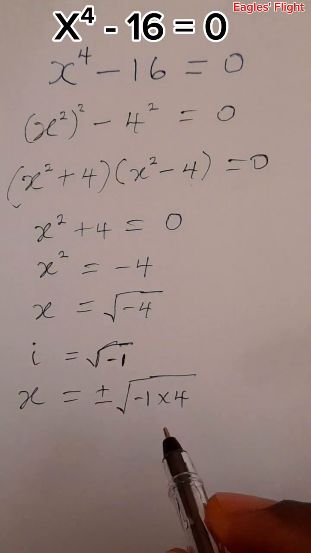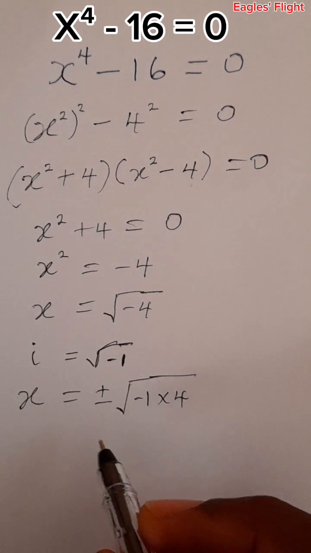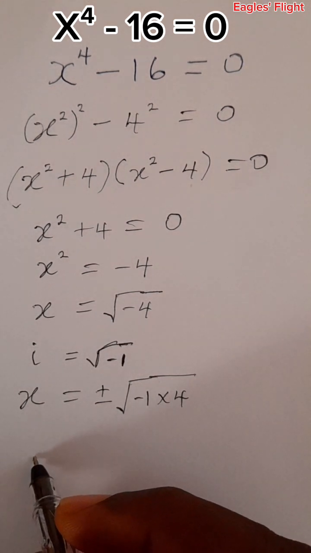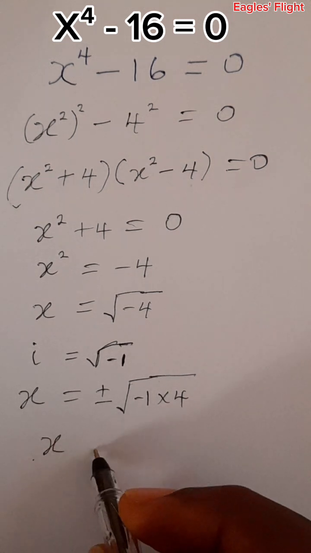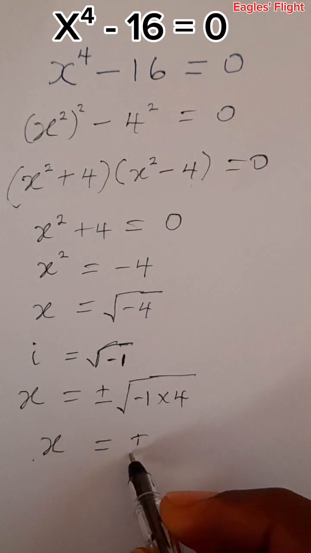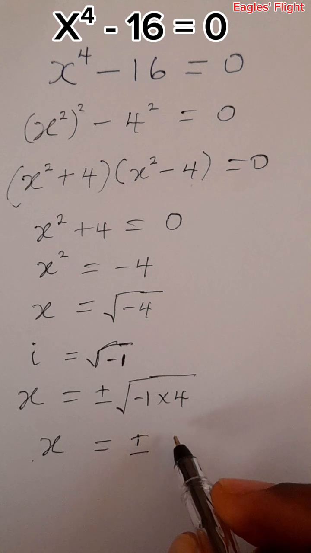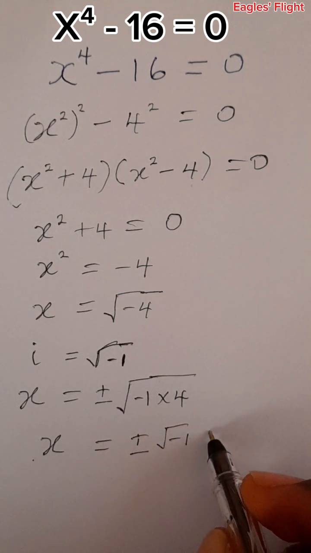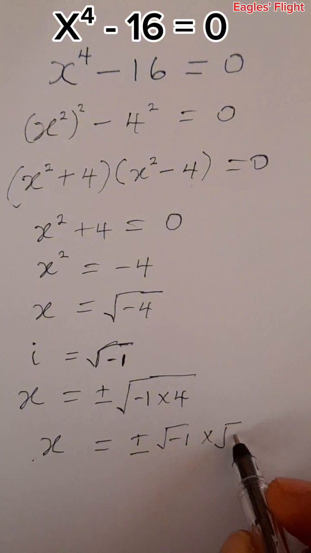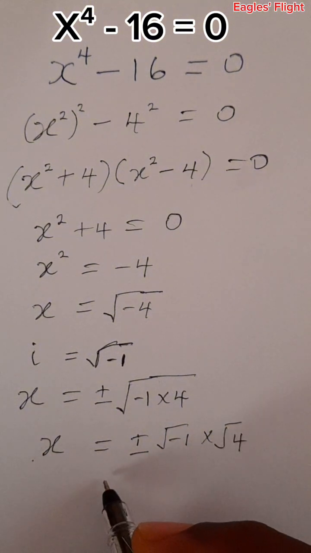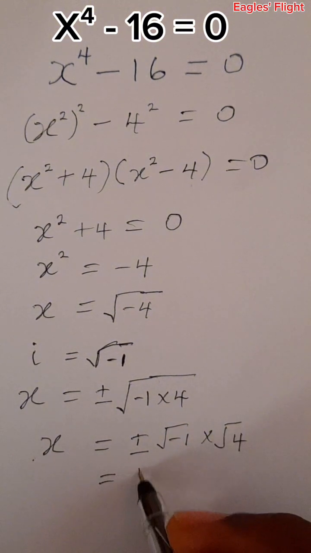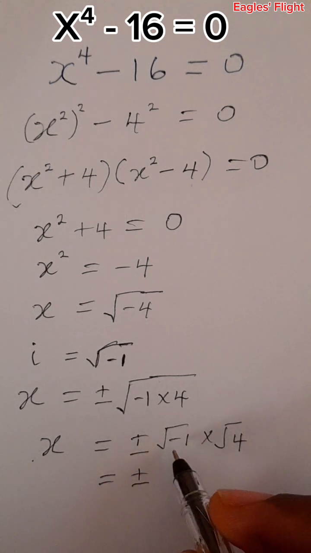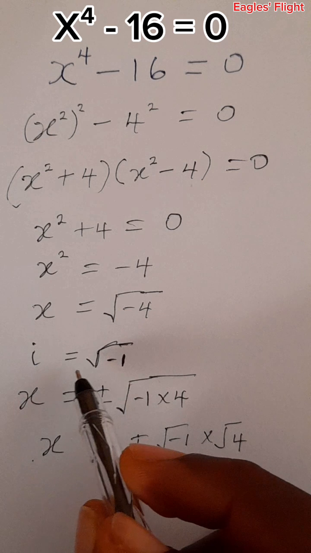Moving further, we can split this up from our understanding of surds. We can say x equals plus or minus the square root of minus 1 times the square root of 4. Remember, root minus 1 is given as i above here.